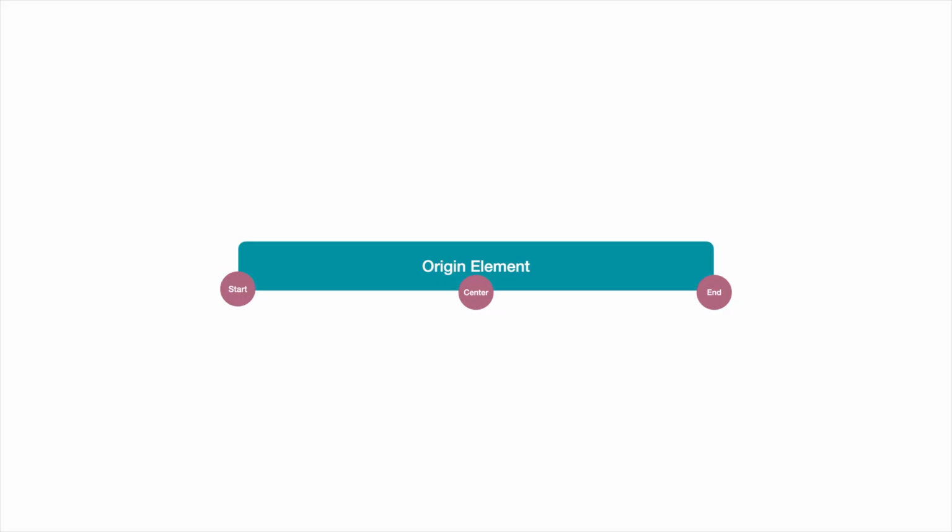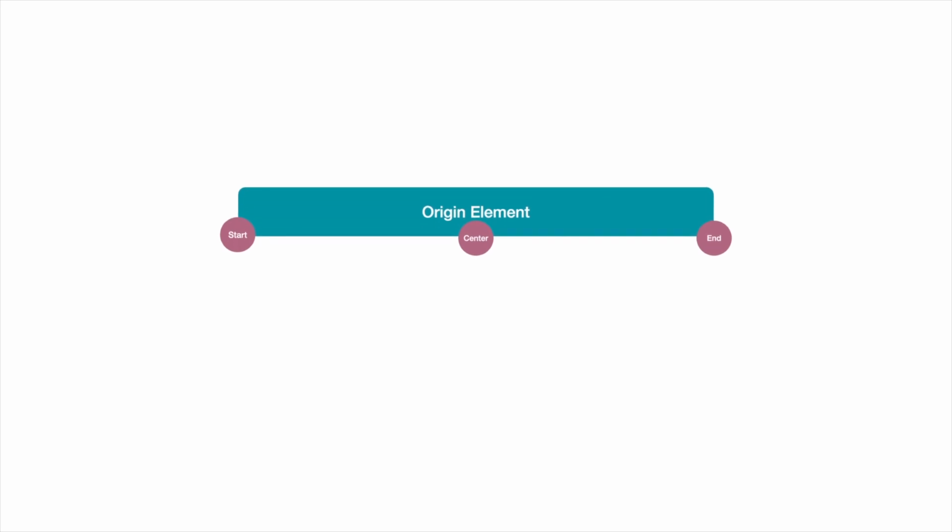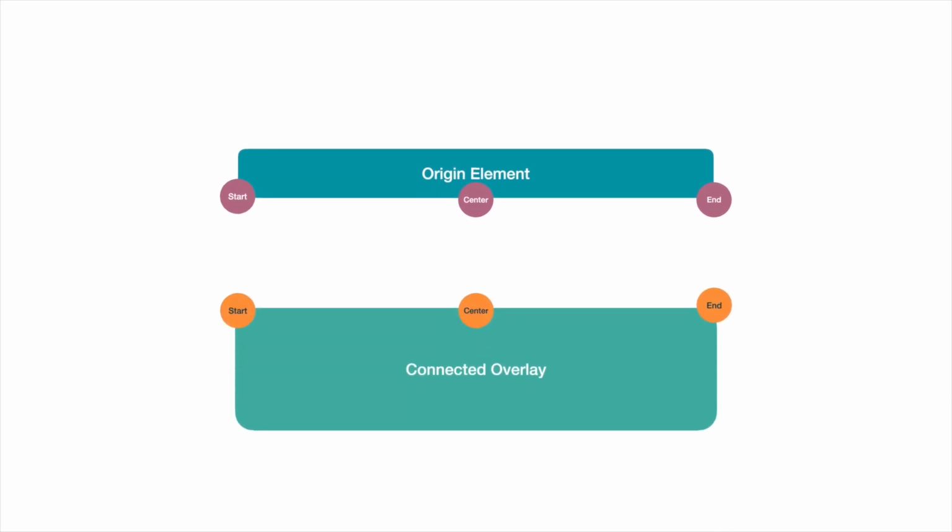All right, here we have our origin element, which in our particular case represents our input. And every origin has a start, center, and end anchor. I will name it anchor. We also have our connected overlay, which also has the start, center, and end anchor.